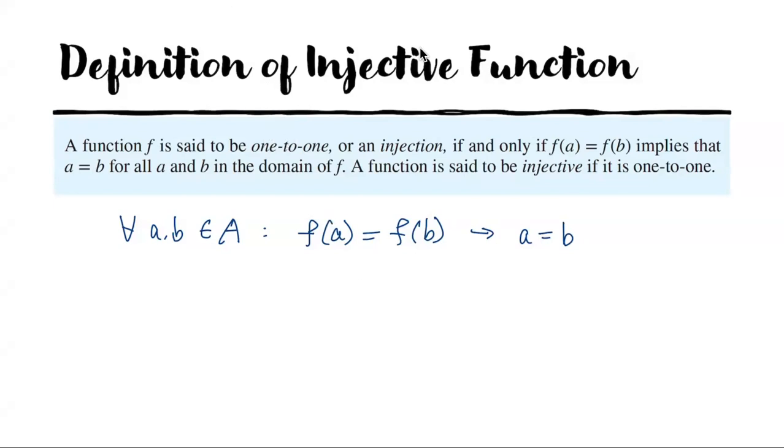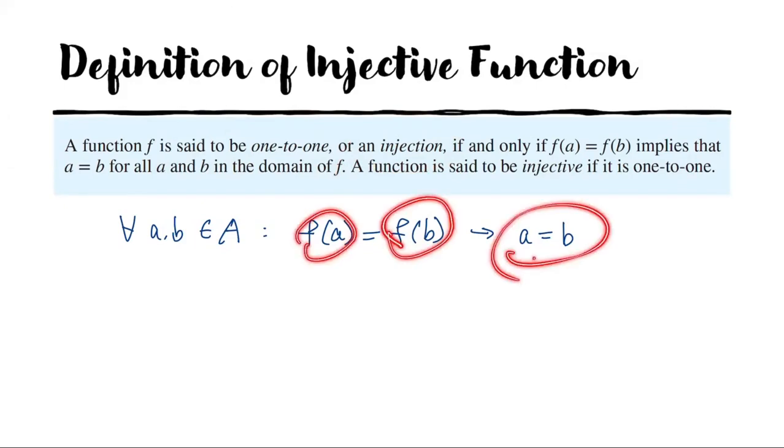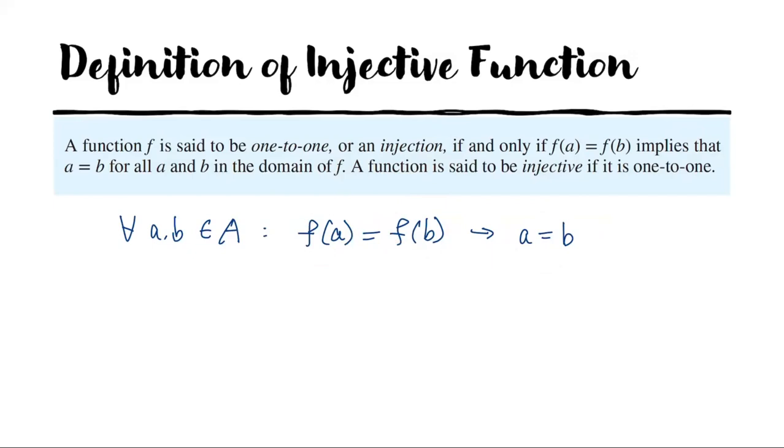Okay, last class, we aimed at injective functions. To show that a function is one-to-one, or injective, we need to show that if you take any elements from your input set, if their outputs are the same, that means their inputs need to be the same.